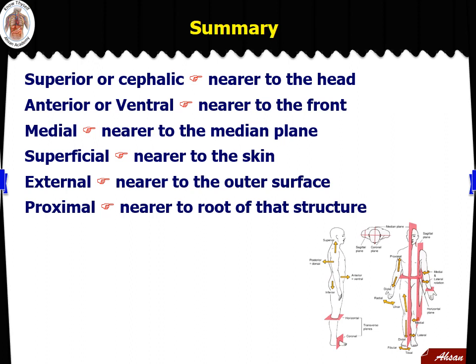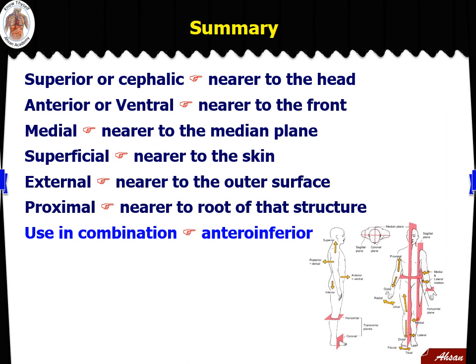Every terminology has a contrast terminology: superior has inferior, cephalic has caudal, anterior has posterior, ventral has dorsal, medial is lateral, superficial is deep, external is internal, proximal is distal.